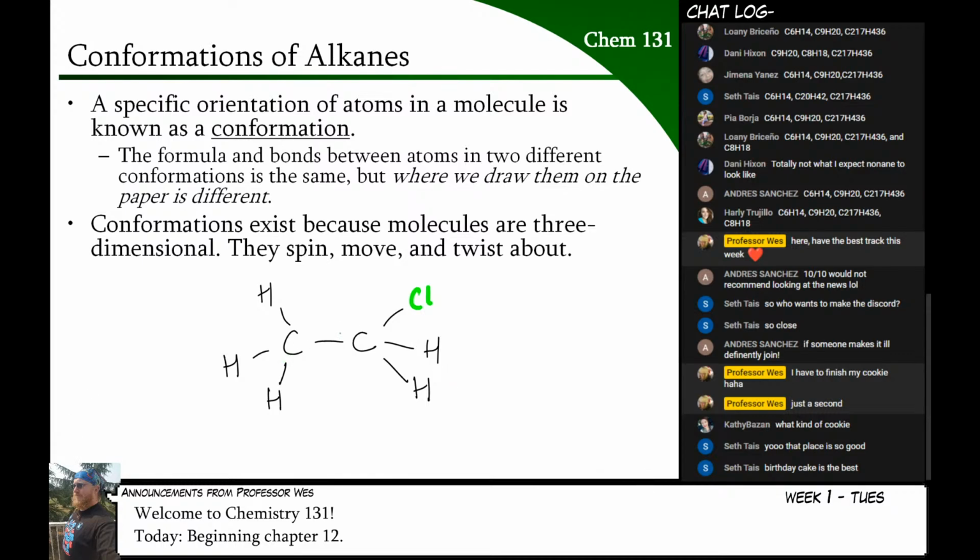Now, if I were to take this bond and spin it around, because single bonds can rotate, what would then happen is that all of these guys would rotate around too.